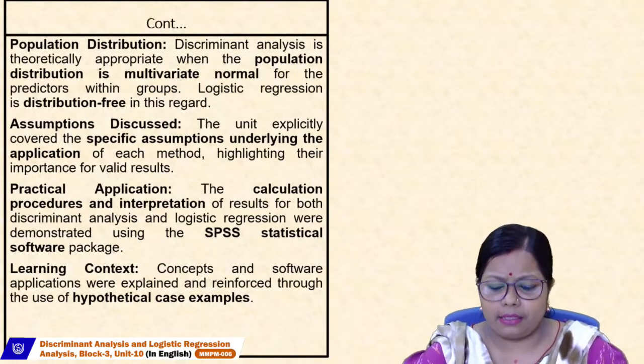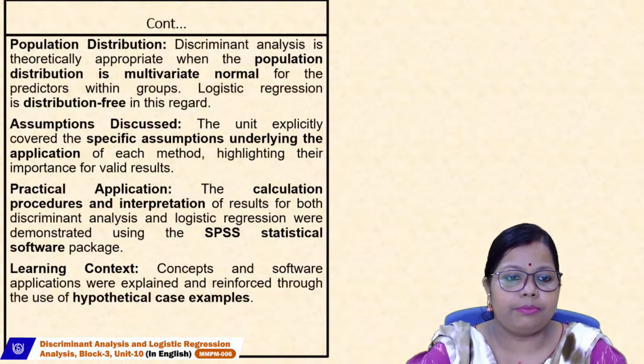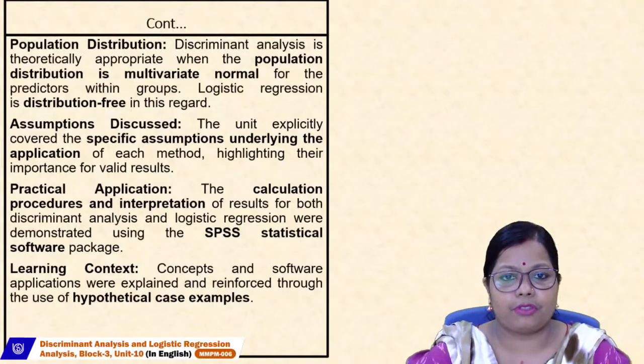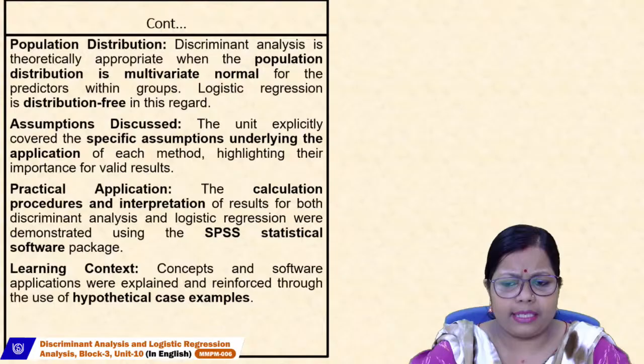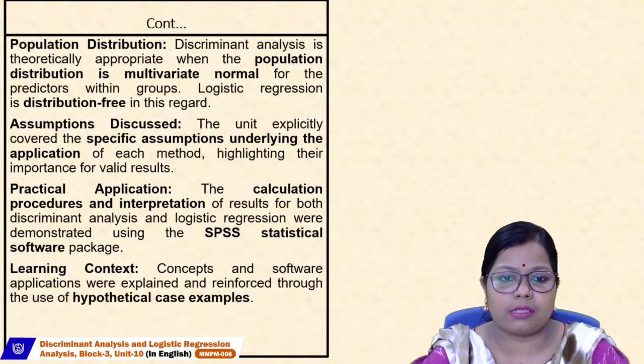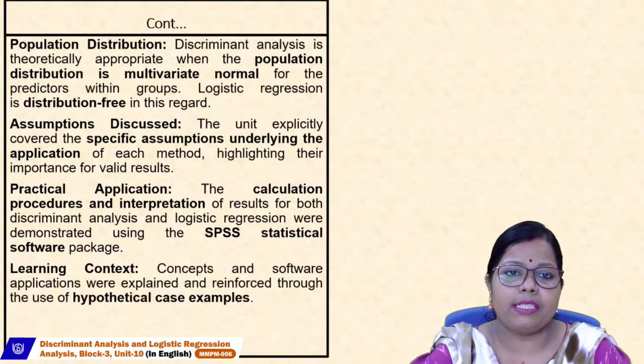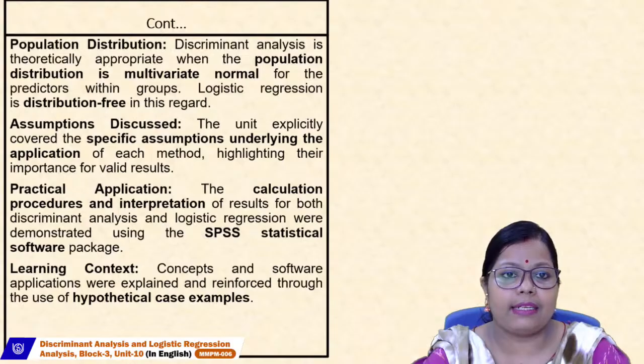So we can say here, no doubt, it is an extension, or derived from the correlation and regression chapters. But when some specific situation comes to us in the real world, we will think about discriminant analysis and logistic regression analysis.